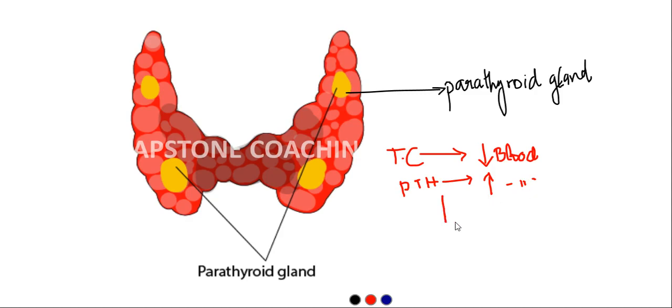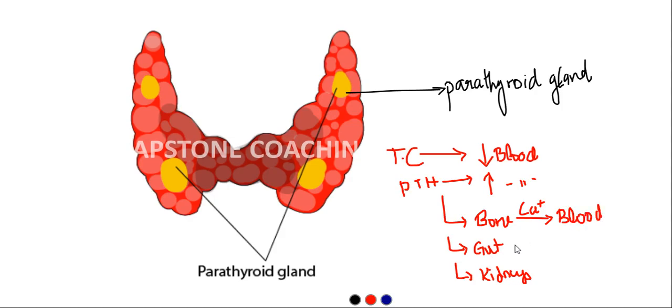It does it in 3 ways. One is by the bone, second by the gut, and third from the kidneys. From the bones, it helps in taking calcium from the bones into the blood.